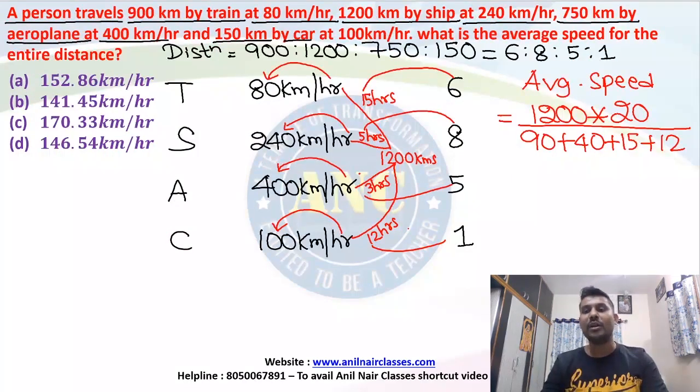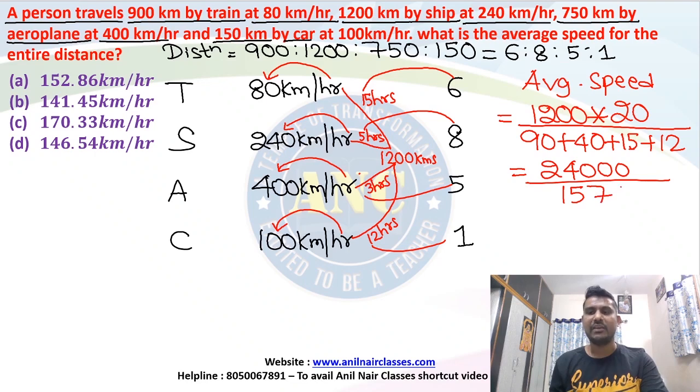Now I believe that you are super fast in calculating all these values. Just calculate it, sir. 1200 into 20, it should be 24,000, and 90 plus 40 is 130, plus 15, 145, plus 12, it should be 157. 24,000 divided by 157 kilometers per hour should be the answer.